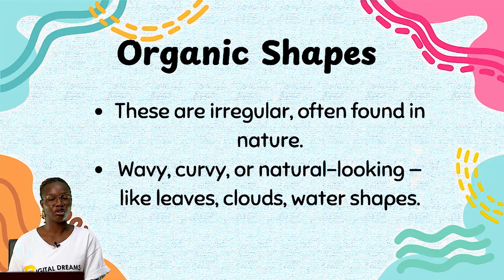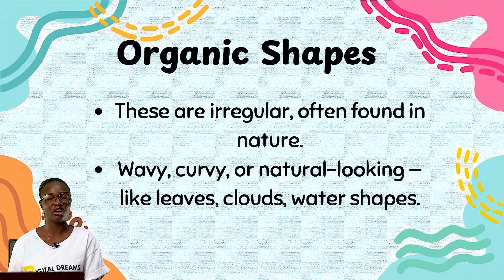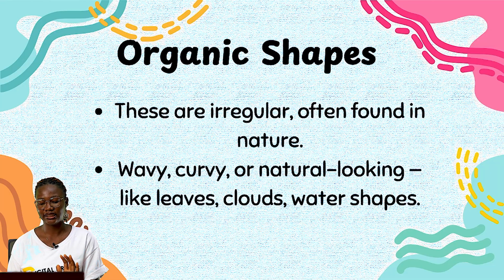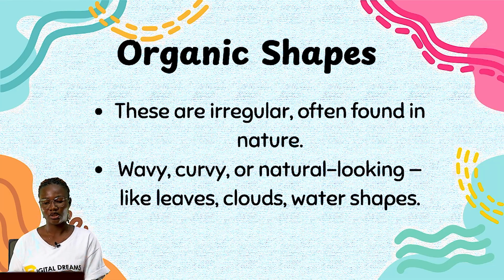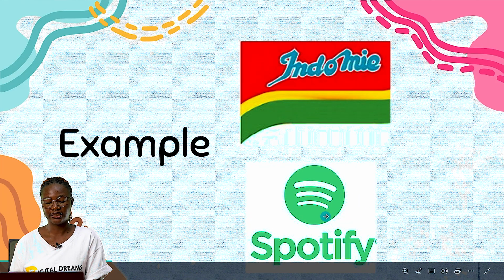The second type is known as organic shapes. We say that these are irregular, often found in nature. They are wavy, curvy, or natural looking, like leaves, clouds, and water shapes. So let's look at it. Example here, we have this Indomie design, or the Spotify design right here.